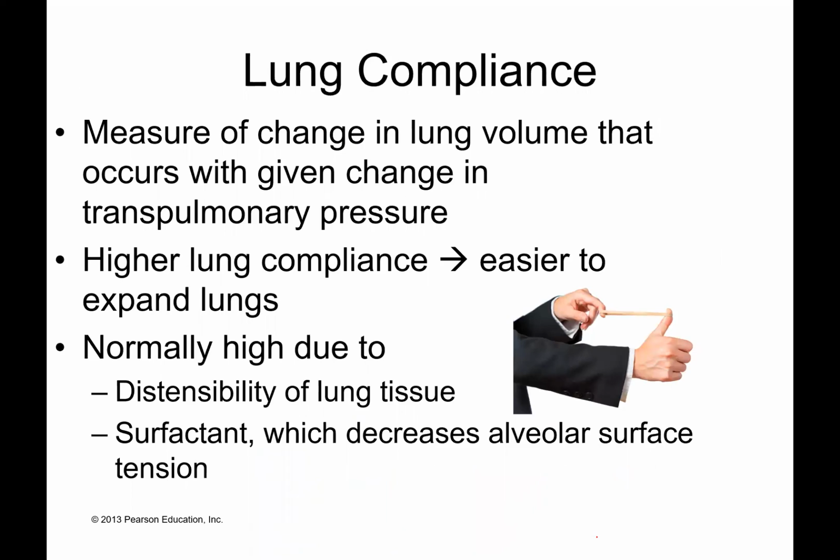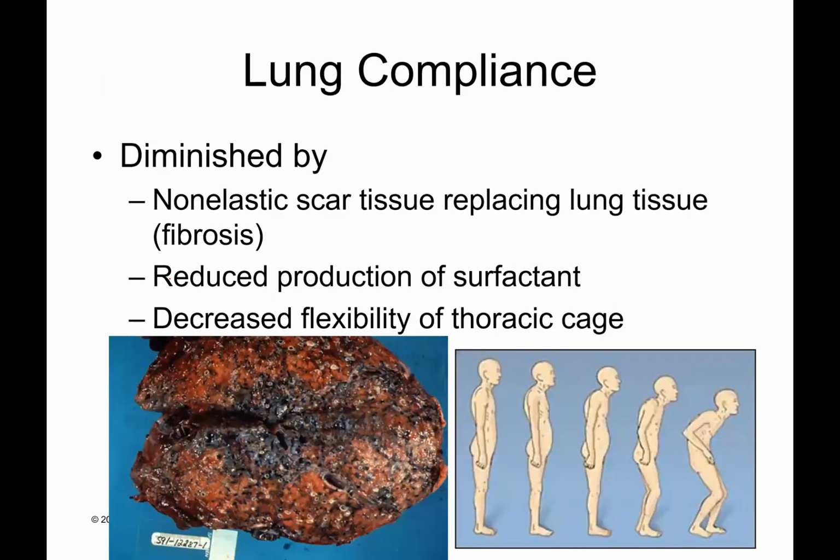Okay, lung compliance, we mentioned this earlier, basically has to do with the ease of the expansion of the lungs. Okay, one thing that can happen for a variety of reasons, either lung injury, and pretty much the main way people injure their lungs in our culture is smoking.